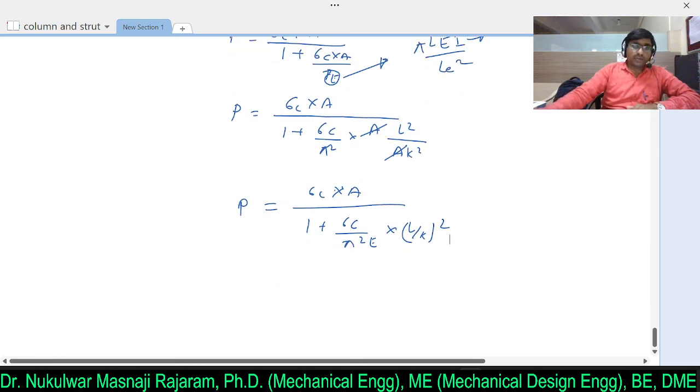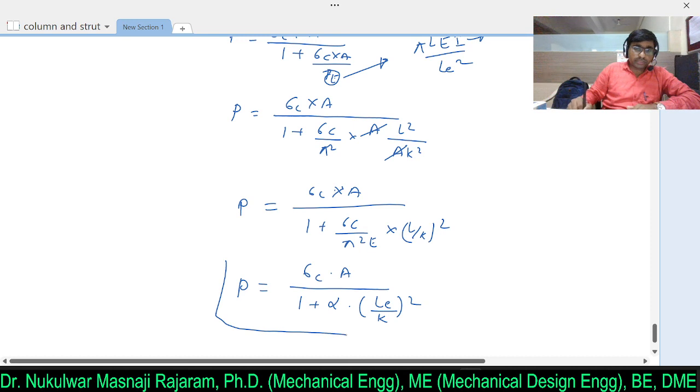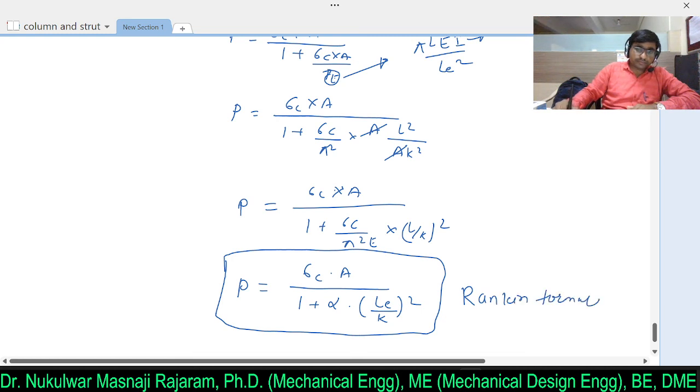Simple. Now instead of sigma c by pi square E, I will write alpha, and the crippling load is equal to sigma c into A divided by 1 plus alpha into Le divided by k whole square. So this is the expression to evaluate the crippling load by the Rankine formula.